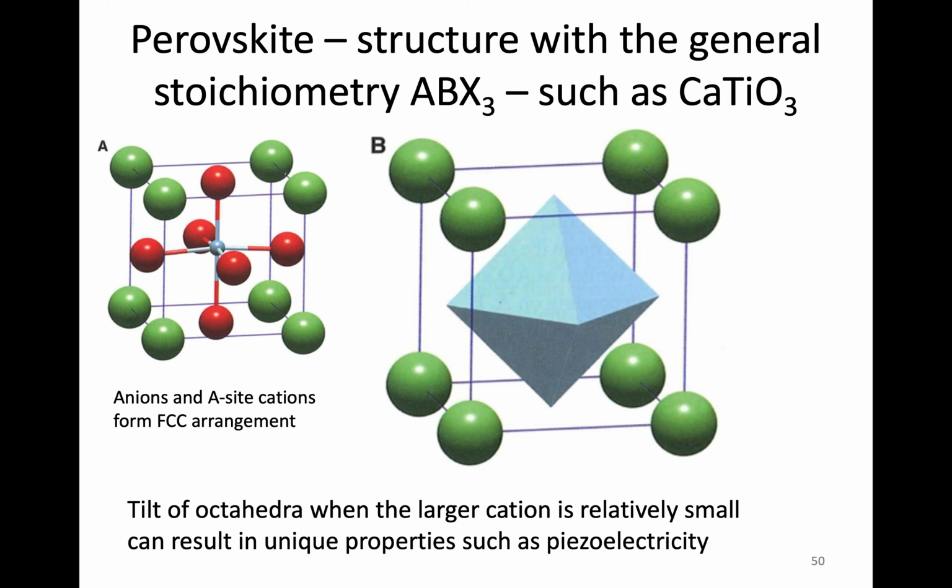So if you're thinking of those types of materials, the perovskite is what gives it that interesting property, because of the tilt in this octahedron. So the perovskite structure is very important for electronic ceramics, and you'll often see this come up in those types of electronic ceramic applications.